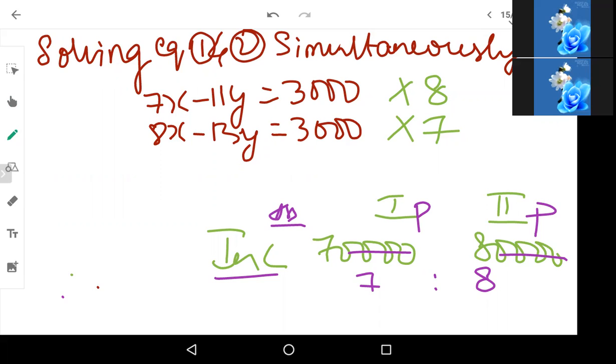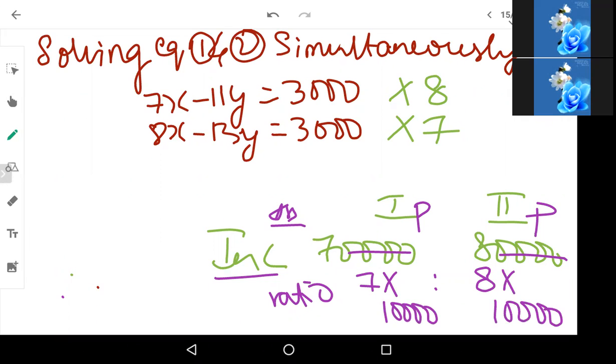Now, if I have only the ratio and I want to get the income, I multiply 7 into 10,000 and 8 into 10,000, and I get back 70,000 and 80,000. Correct? 7 is to 8 is the ratio. If I multiply by 10,000, I'll get back the incomes again.